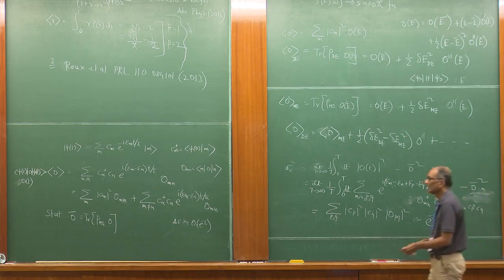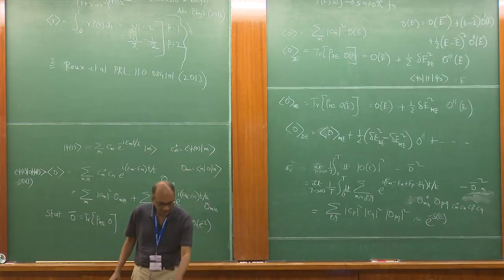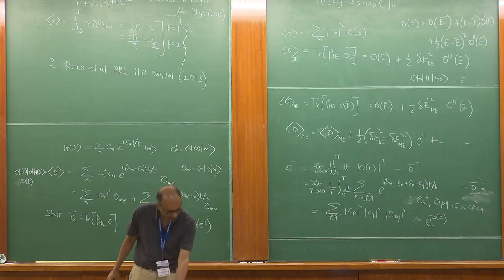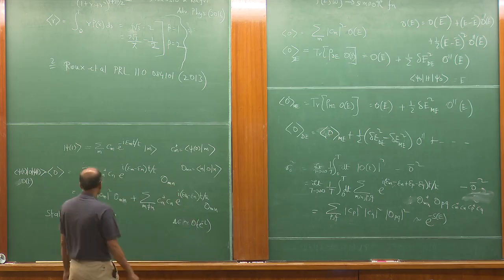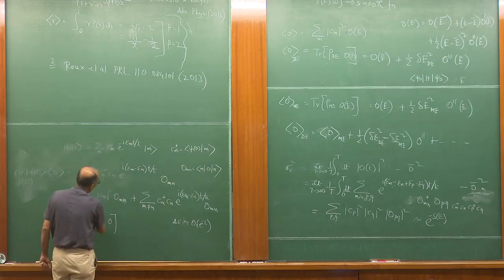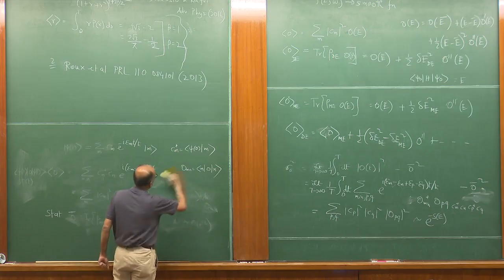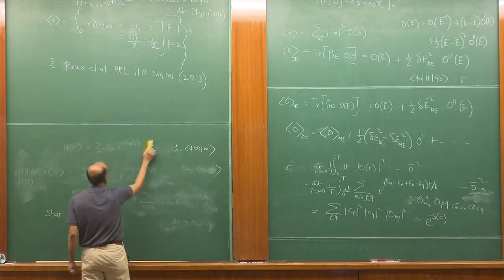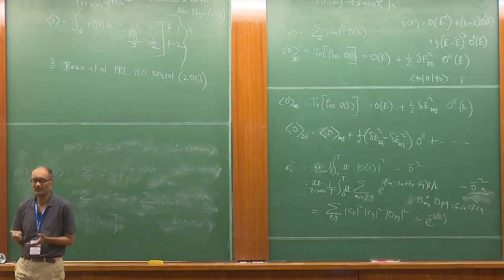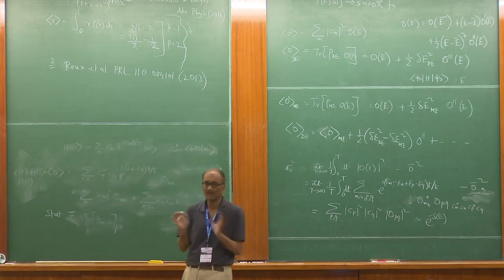Okay. Now the next thing, before I go into more serious discussion about the off-diagonal matrix element, one thing that I need to say is why and when these ETH results coincide with those of random matrix theory. What's the connection?